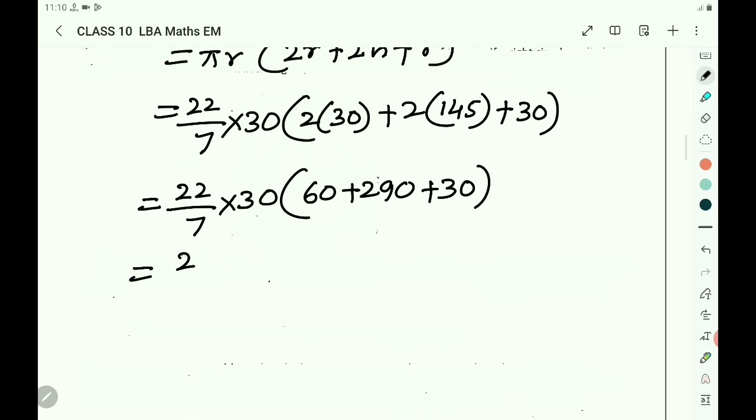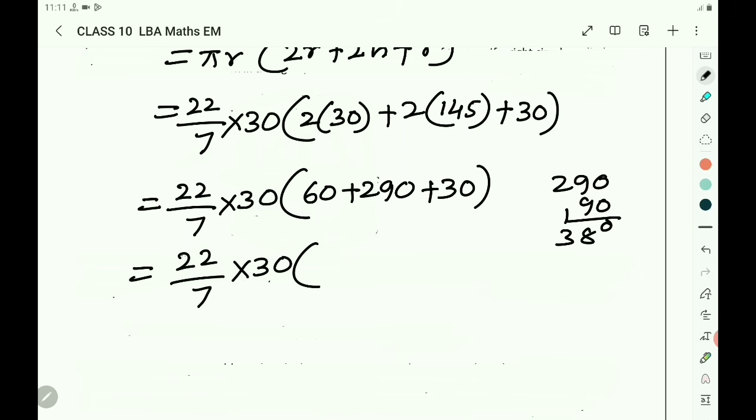Then you write 22/7 into 30. Then 60 plus 30 is 90. 290 plus 90. 9 plus 9, 18. 1 carry. You got 380. It is 380. Then you write 380.